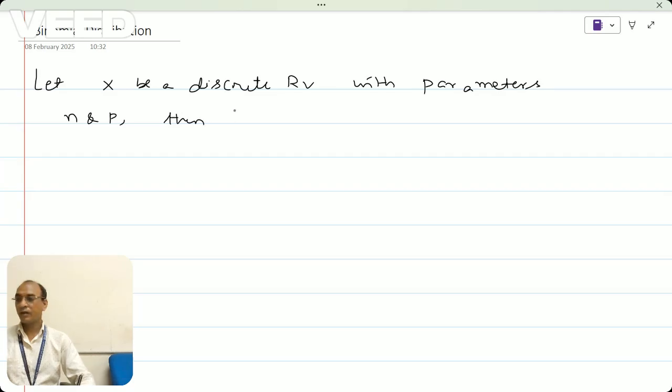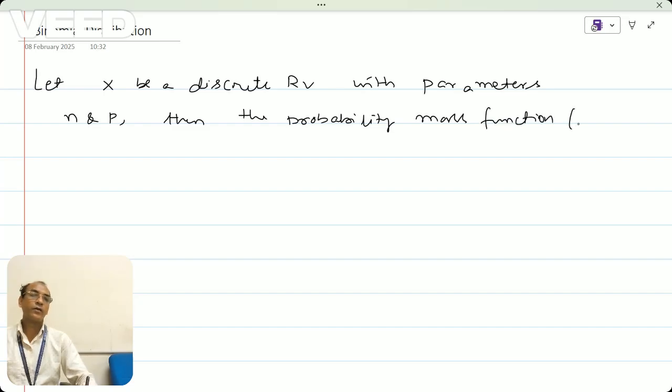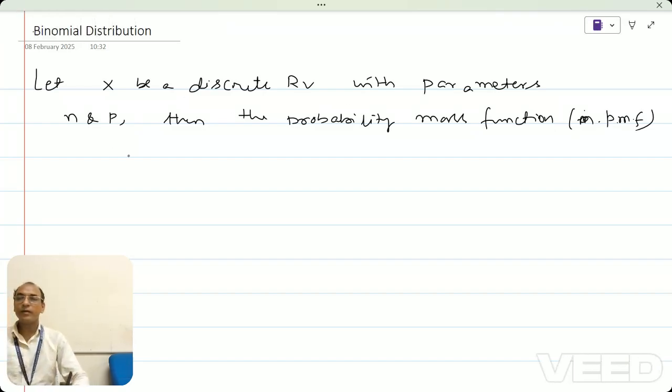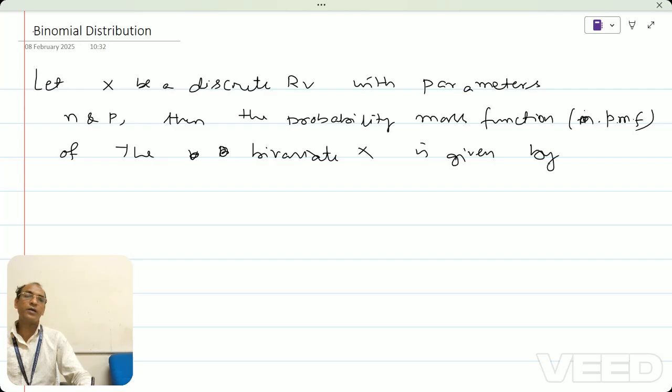Then the probability mass function, in short form PMF, of the binomial variate X is given by.